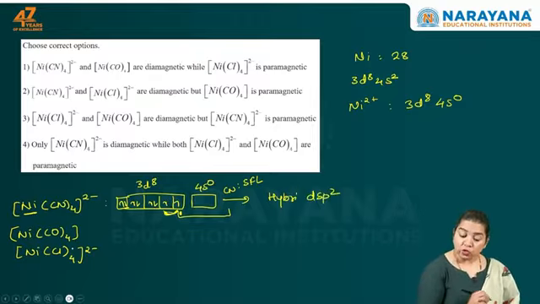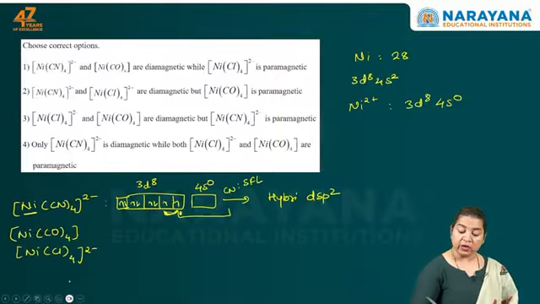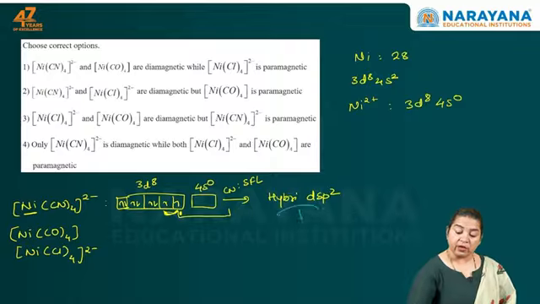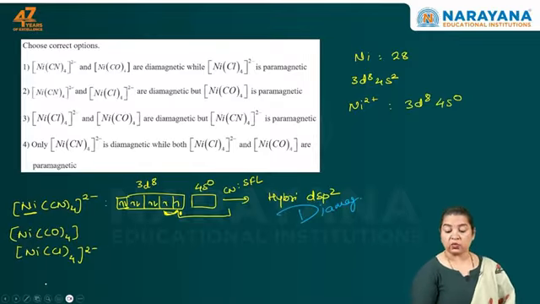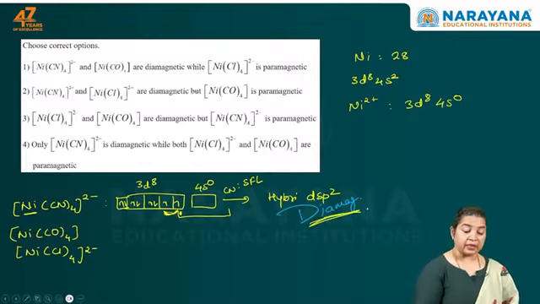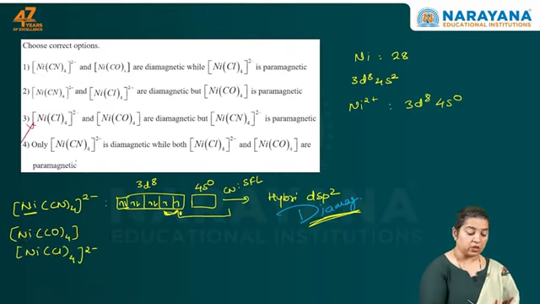As you can see, no unpaired electron is left, so we report this as diamagnetic. Here an option gives it as paramagnetic, so that option is not possible. Ni(CN)4 is diamagnetic, so options 1, 2 and 4 are still in the race.